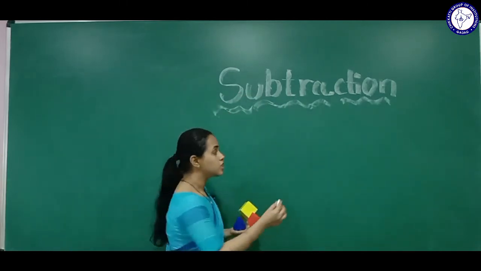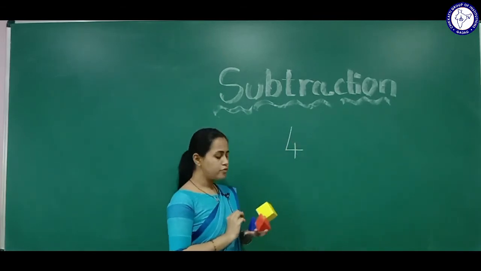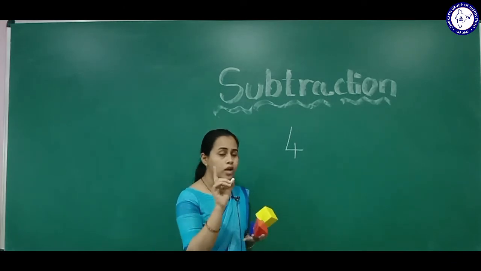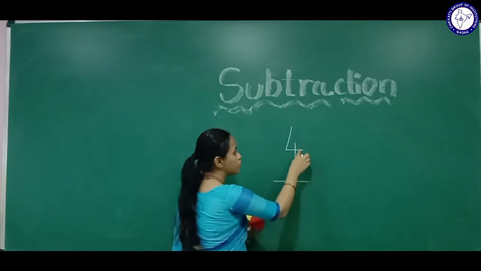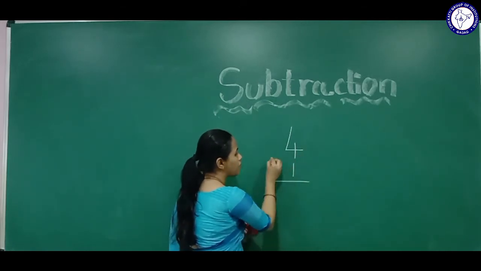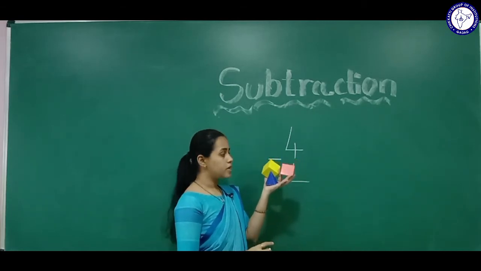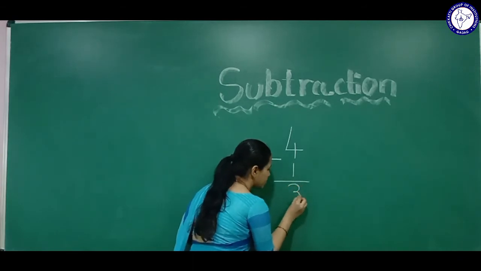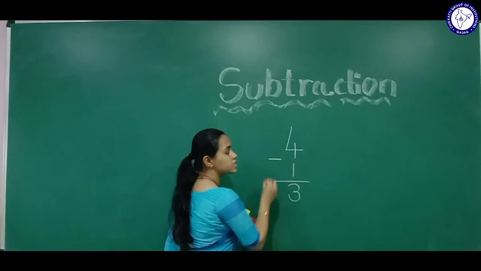First we have 4 shapes. Now I take 1 shape. So here 4 minus 1. How many shapes do I have now? 1, 2, 3. 3.